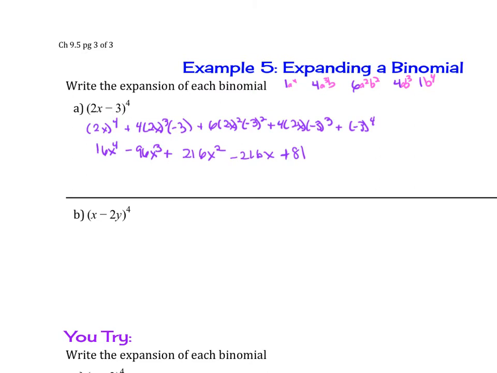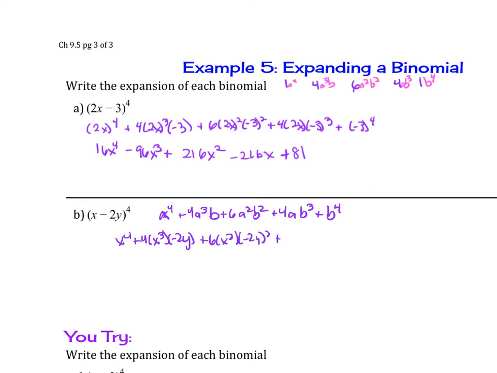So trying this example here, remember that it's going to be a to the fourth plus 4a cubed b plus 6a squared b squared plus 4ab cubed plus b to the fourth. So this is going to be x to the fourth plus 4 times x cubed times negative 2y plus 6 times x squared times negative 2y squared plus 4 times x times negative 2y cubed plus negative 2y to the fourth power.